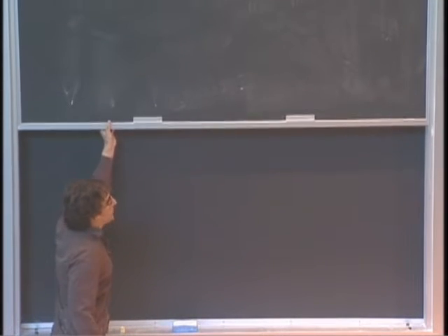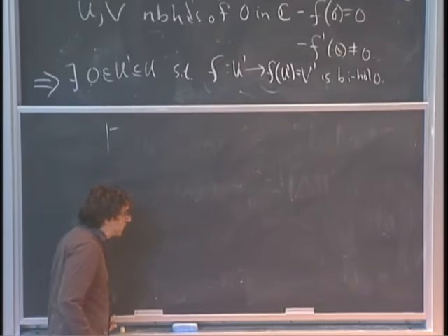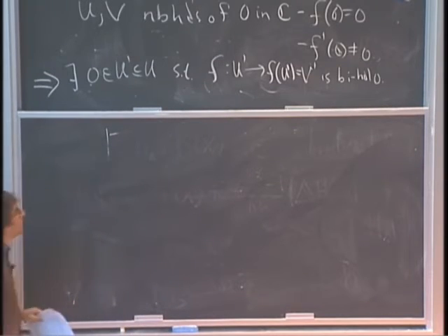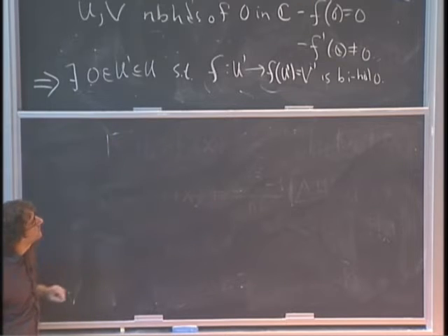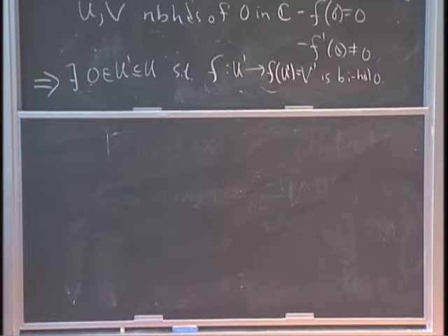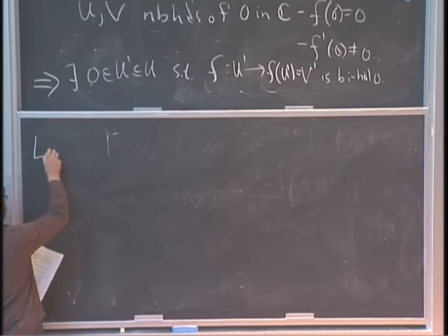Okay, that being said, the reason we care about this is the following observation about what happens for functions that are holomorphic and non-constant when the derivative at 0 is allowed to be 0. So this is another lemma.